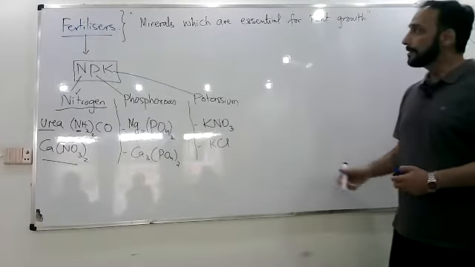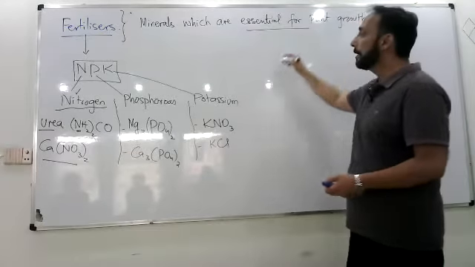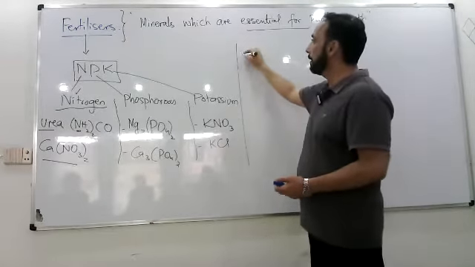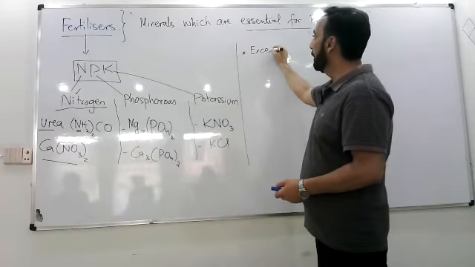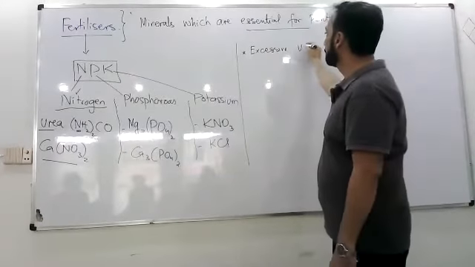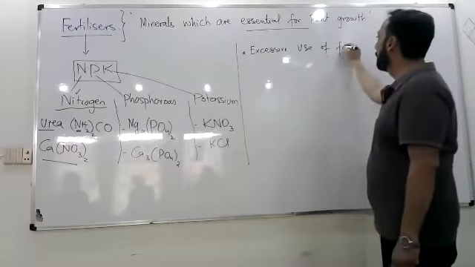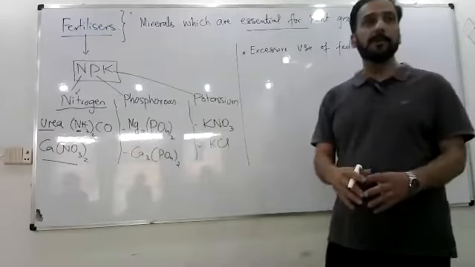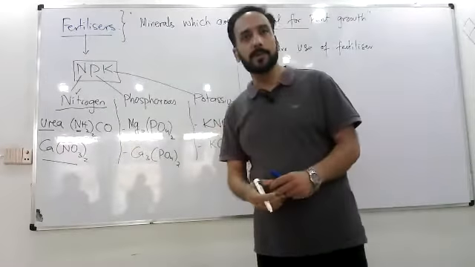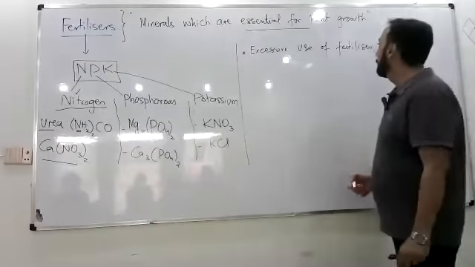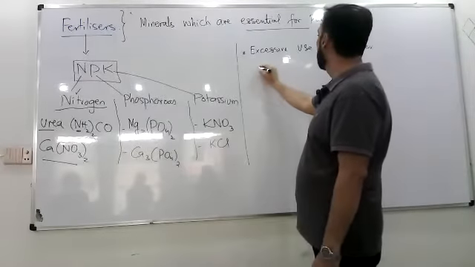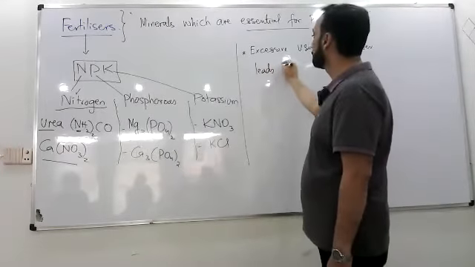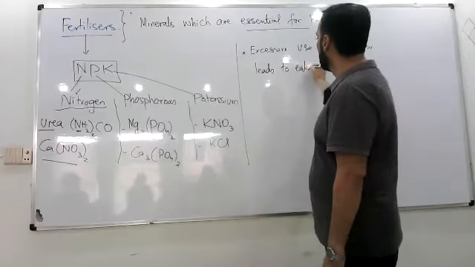These fertilizers are essential for the plant growth, but you need to remember that excessive use of fertilizers, when you use too much fertilizer in one place, causes or leads to eutrophication.